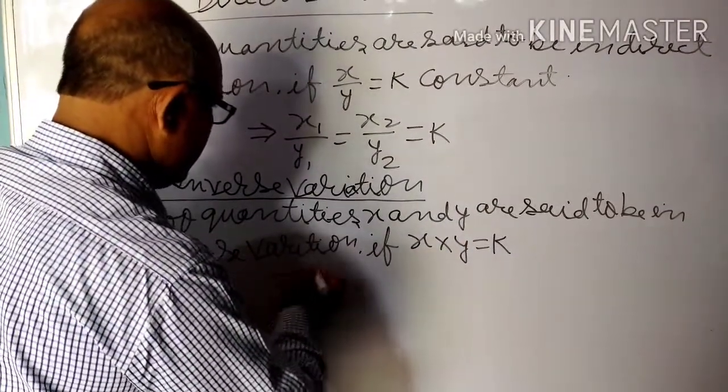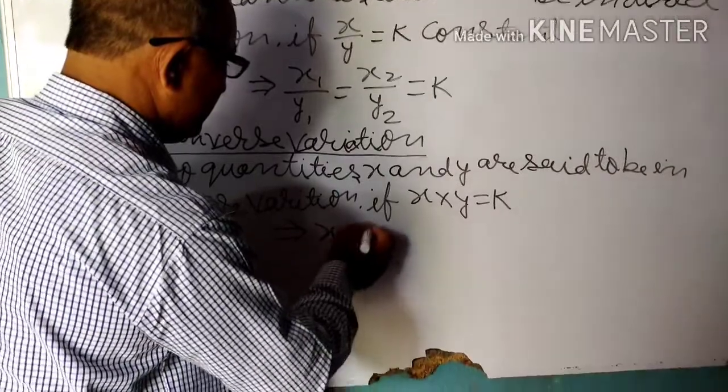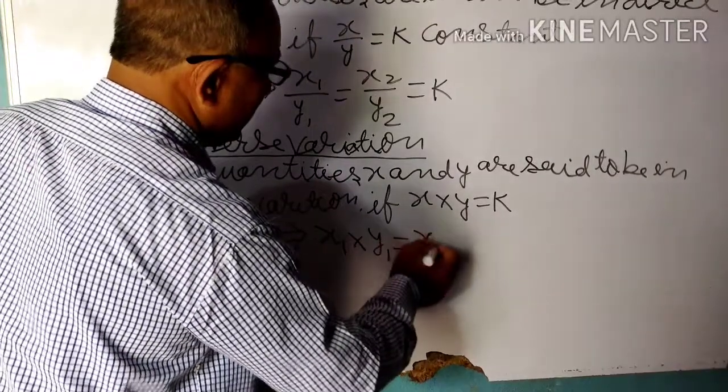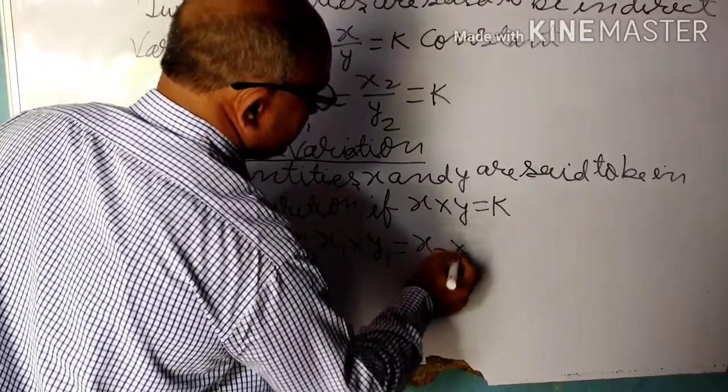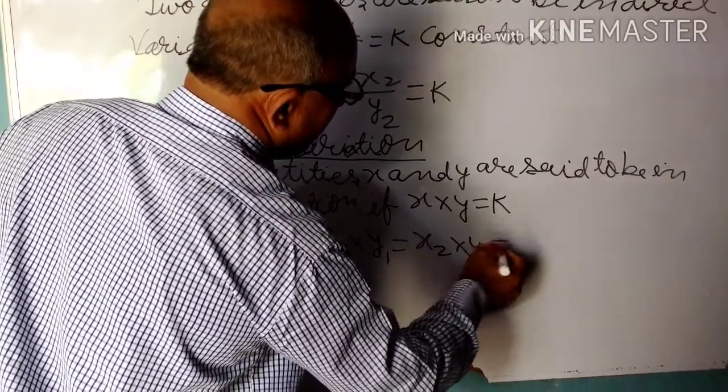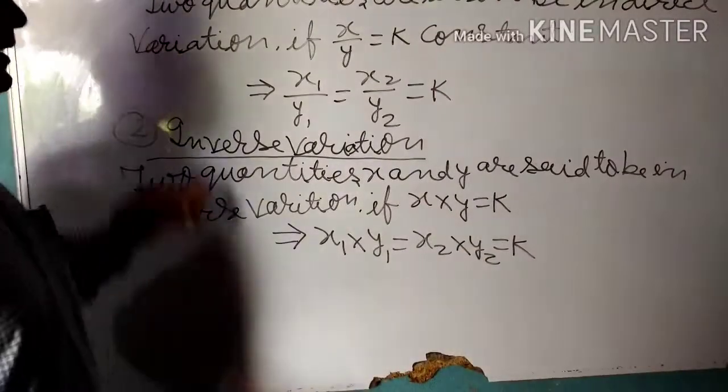That implies x1 into y1 equal to x2 into y2 equal to k. Write it.